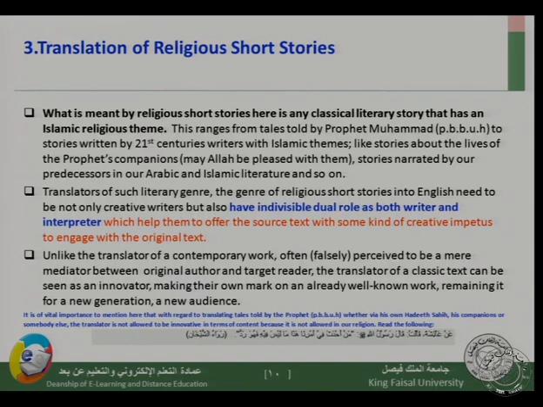And one important point I would like you to bear in mind and remember, that you can be creative, you can be imaginative, you can go really wild in your translation of any genre, of any type of literary text, but when it comes down to the translation of the Prophet's hadith sallallahu alaihi wasallam, you need to be really, really careful. You cannot be so creative to the extent that you deviate from the main text.